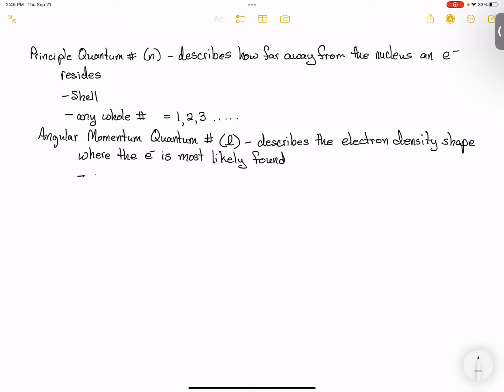This is also described as the subshell. The rule for this one is that it can be any number between 0 and n-1.